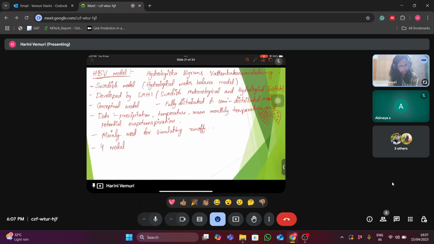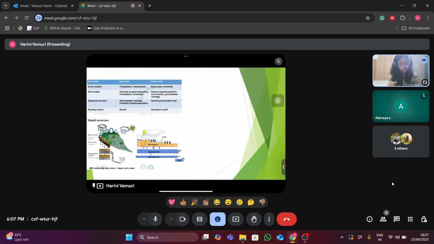Each of these modules we will be discussing further, and also we will be discussing the model structure of the HBV model. If you see here, we can see the modules of the HBV model. We have four modules: the snow module, soil module, response function, and routing module.